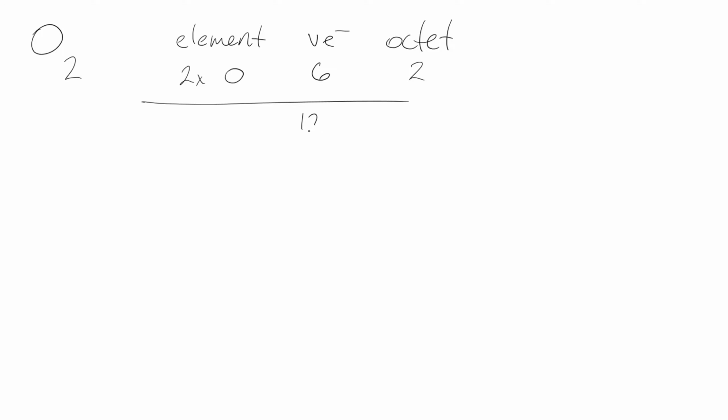So we have 12 valence electrons in total and 4 bonding electrons. This 4 can be divided by 2 to give you 2 covalent bonds. This 12, you can subtract 4 from it to give you 8 non-bonding electrons. So the structure needs 2 covalent bonds and 8 non-bonding electrons.